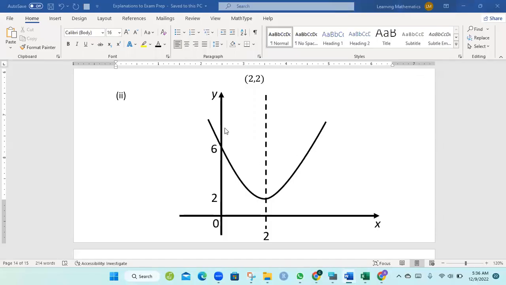So to summarize the sketch, the minimum point is (2, 2), 2 on the x and 2 on the y. The y-intercept is 6, and the line of symmetry is x equal to 2. It passes right through the center of the parabola. It will be a U-shape because the value of a is a positive number, which is 1, and the line of symmetry will be passing directly in the middle, through x equal to 2.